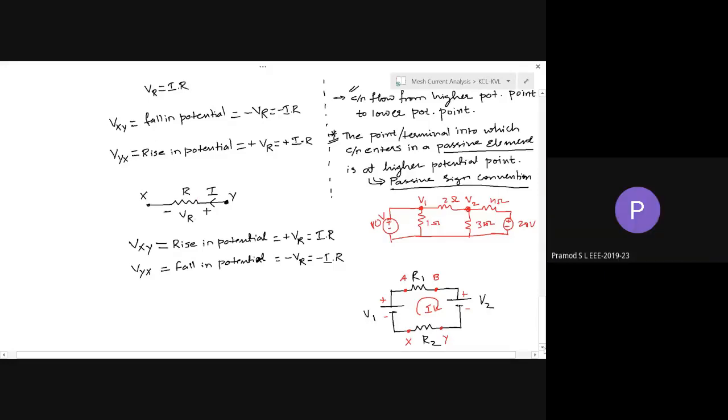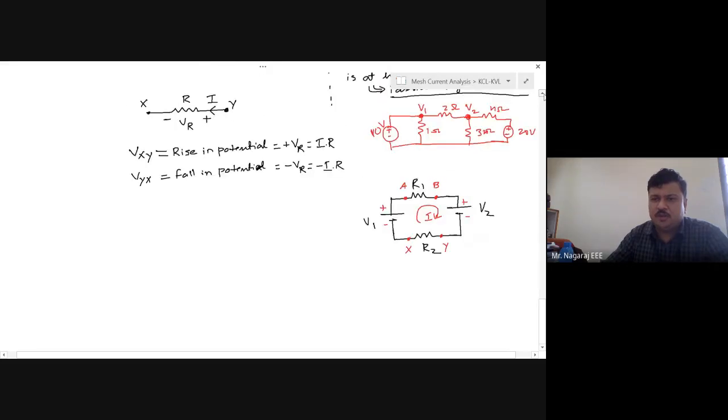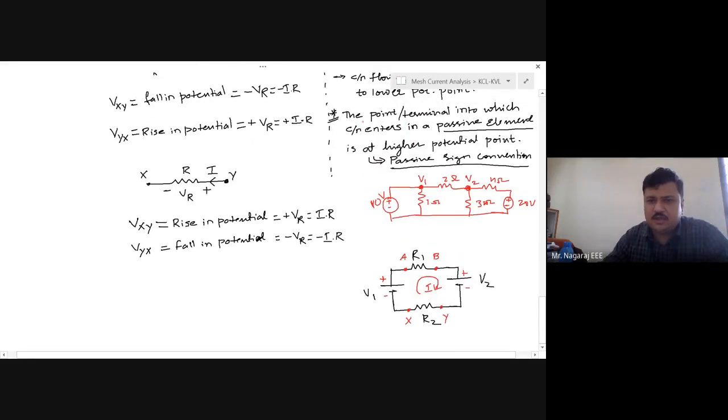The terminal into which the current enters in a passive element is at the higher potential point, which means the positive terminal. Current is entering terminal A, so A is at higher potential. Obviously B will be at lower potential.